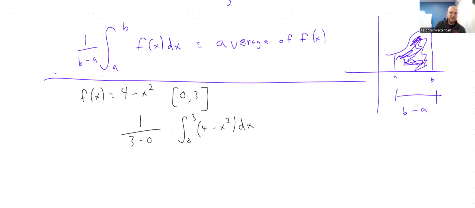If I think about my graph, so I plugged this into the calculator. I guess I probably didn't show that in the video, but that's fine. It's 1. If I think about my graph, 4 minus x squared is a parabola opening down. It crosses here at 2, 0. So it definitely takes on the average value. That should generally be the case.